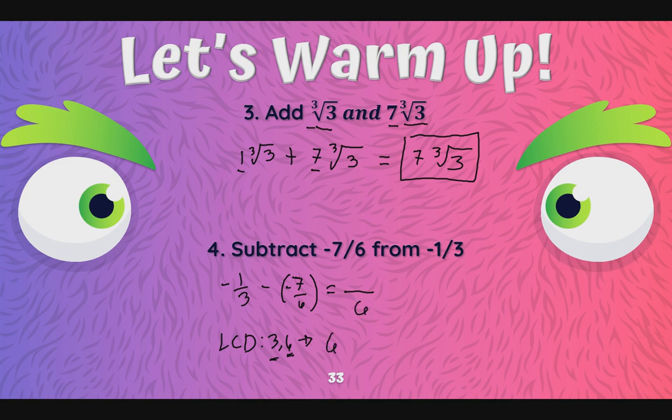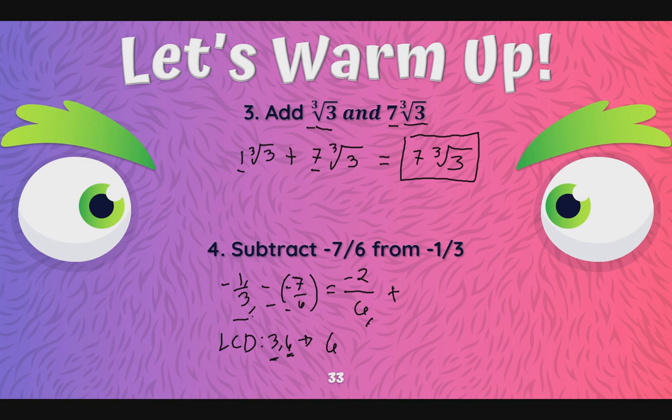So we have to convert this negative 1/3 to a fraction with a denominator of 6. So 6 divided by 3 is 2. Again, let's divide 6 by 3. So that will be 2. And 2 times negative 1 is negative 2. Now, we have here negative and minus. We all know that whenever we see a minus sign and a negative sign side by side, it will be plus.